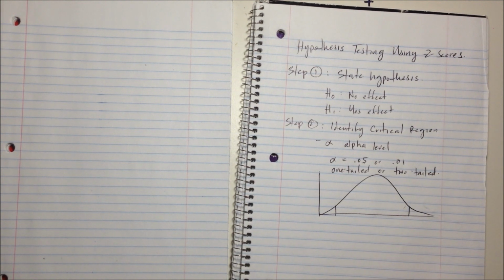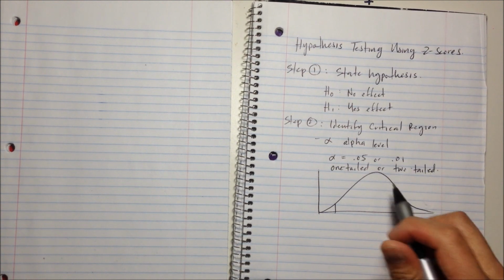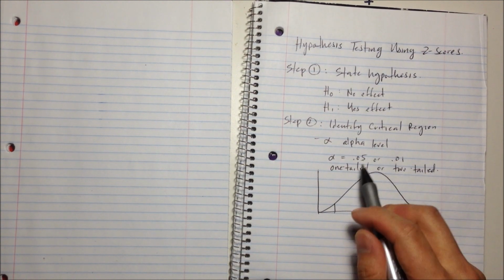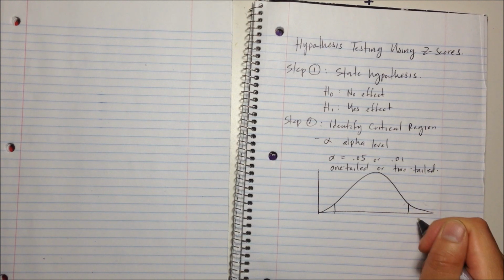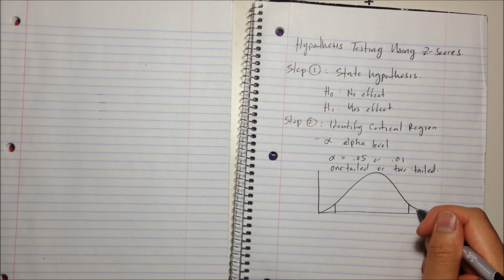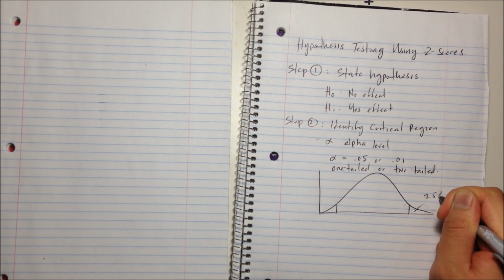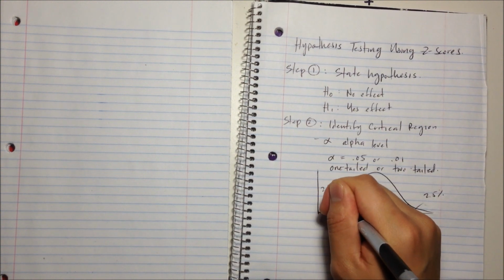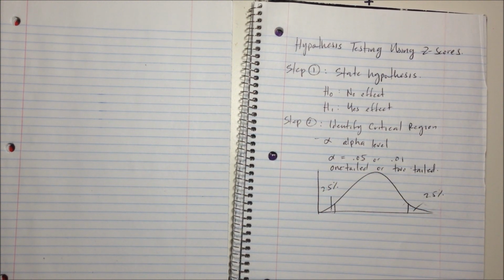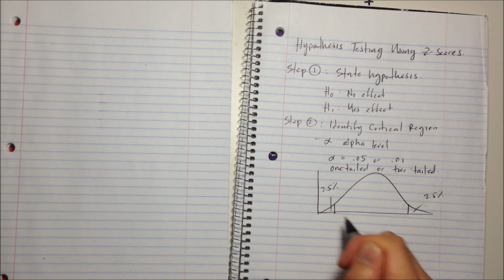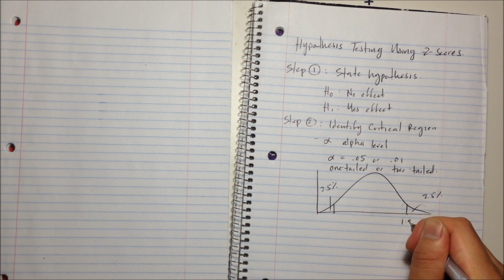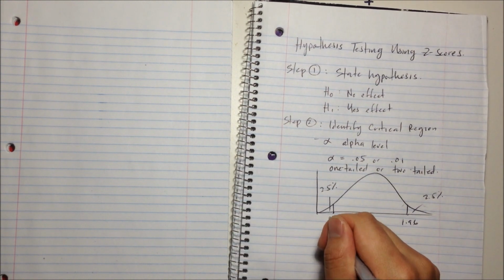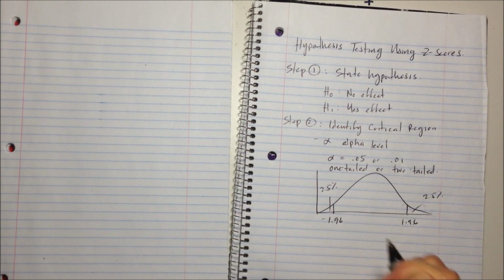So if it's two-tailed, such as this, we have to divide our alpha level into two. So if this is 5% or 0.05, this region is 2.5%. This region is 2.5%. And I know the z-score corresponding to this is 1.96 and negative 1.96.